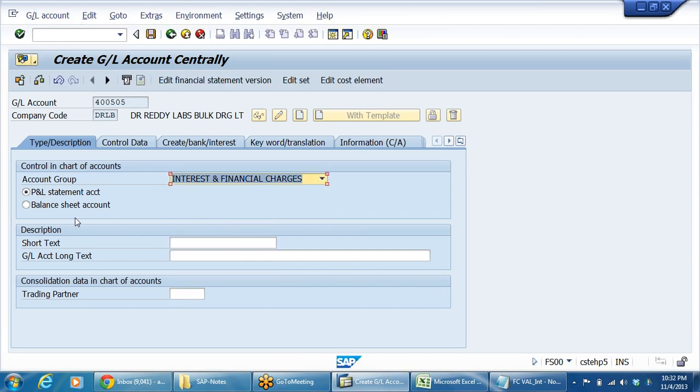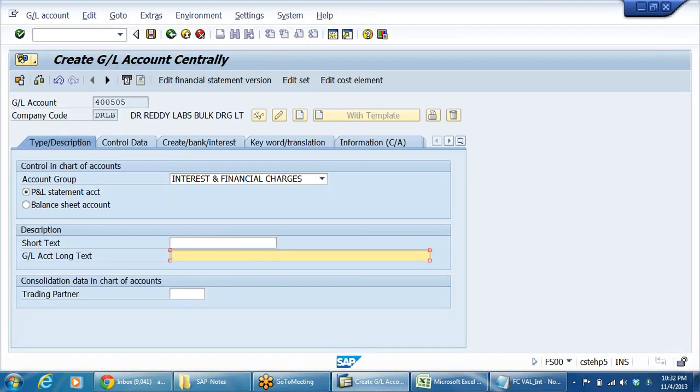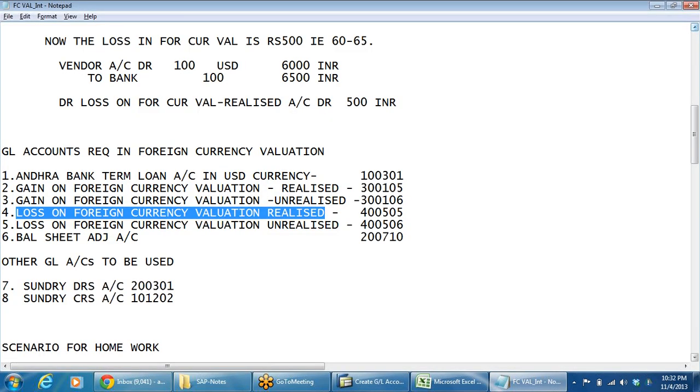Interest and financial charges. So loss on foreign currency valuation realized. But the first one was gain, now it is loss.